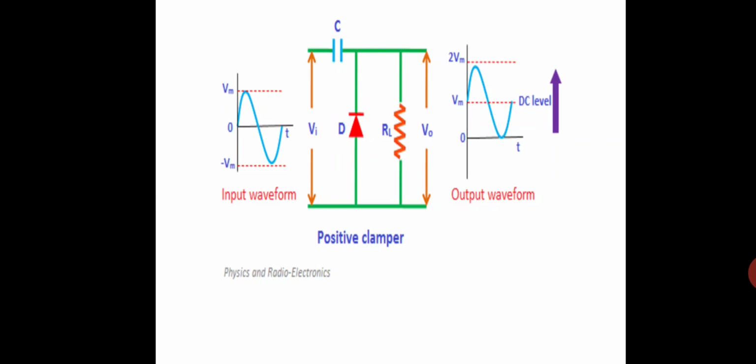Okay, so we can explain the positive clamper with positive bias. How can we explain it? The input circuit Vi has a capacitor and a diode, and the load is in parallel with the diode. When the DC battery is connected with the diode, with the diode positive terminal and battery positive terminal connected to each other, it is called a positive clamper with positive bias.